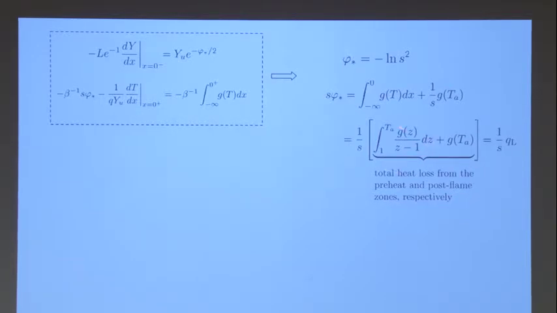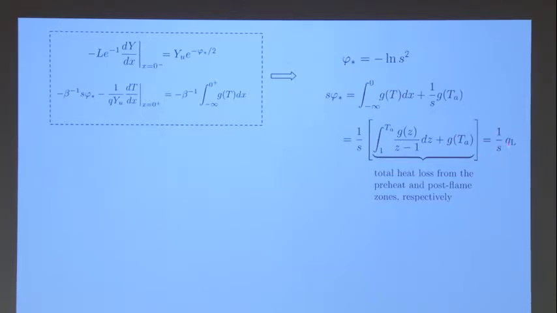The first one is the total loss from 1 to Ta, namely the loss of temperature or energy in the unburned gas. And then the second one is the loss at temperature Ta, which is the loss from the burned gas. And this is all divided by 1 over S.